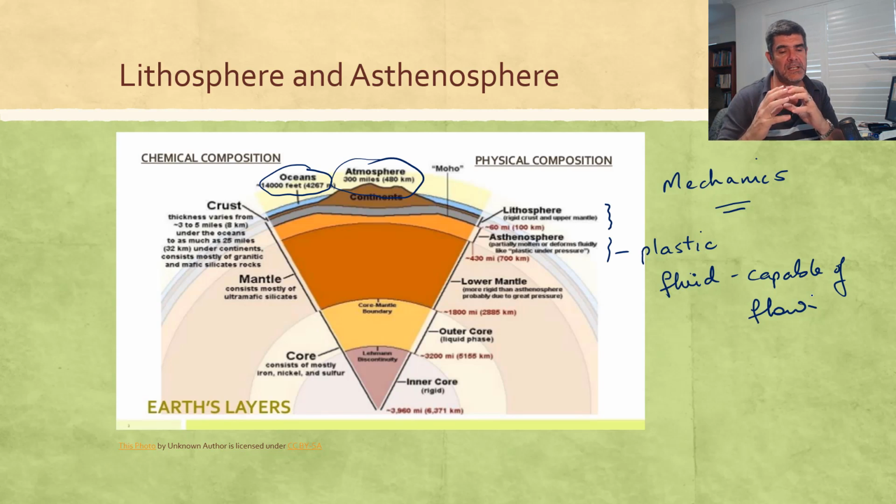Now this is thinking of a liquid more like honey or syrup, something that's very viscous, something that's very thick, not something that's like water, for example, that's much thinner, that flows more easily. So it's very thick, and it allows these to move.